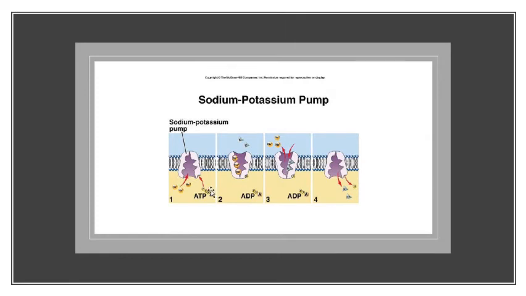As we see here, we're going to have ATP, which is going to bind to the sodium-potassium pump. We have the 3 sodium being shuttled out and the 2 potassium being brought in, which of course is going to keep a phosphate here, and ADP is released.